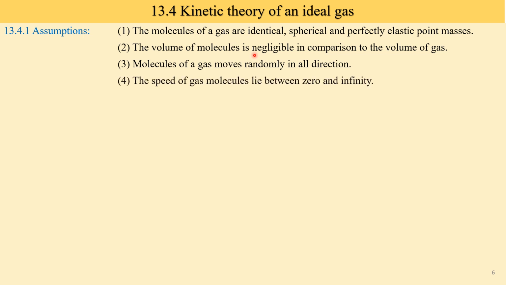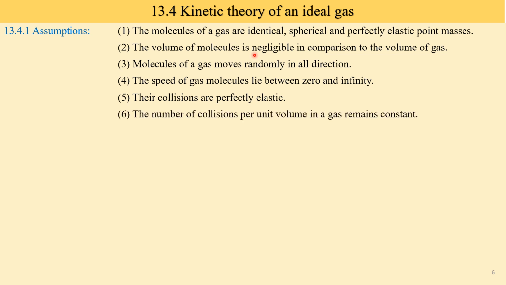The speed of a gas molecule lies between 0 and infinity. Their collisions are perfectly elastic. The sixth assumption is that the number of collisions per unit volume in a gas remains constant. No attractive or repulsive force acts between gas molecules.